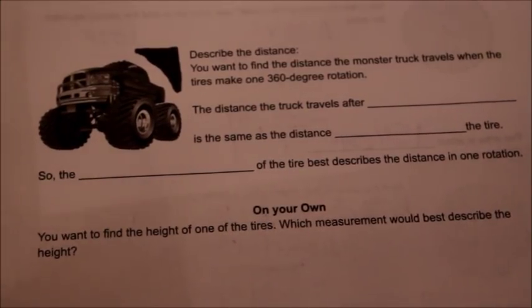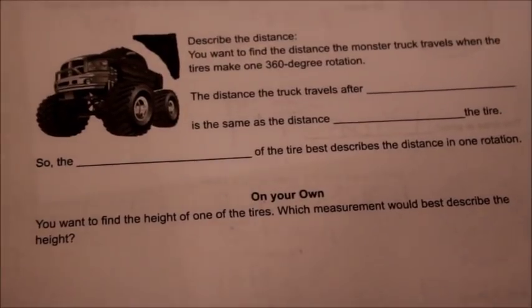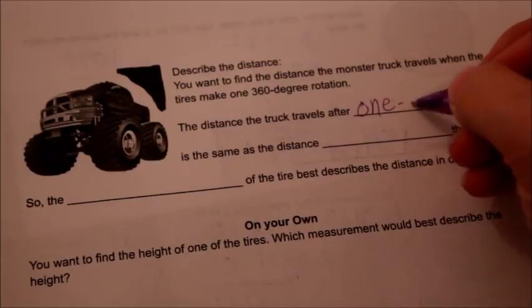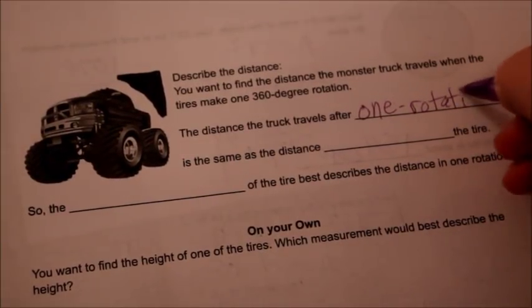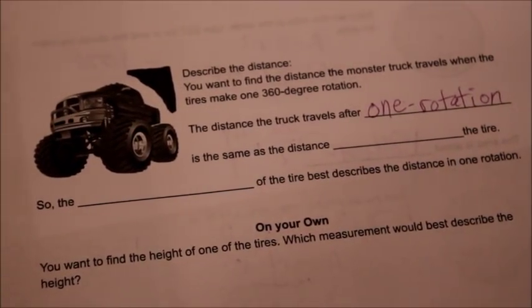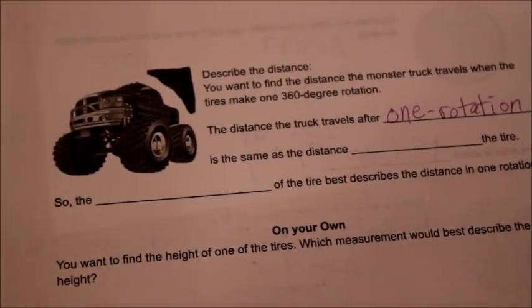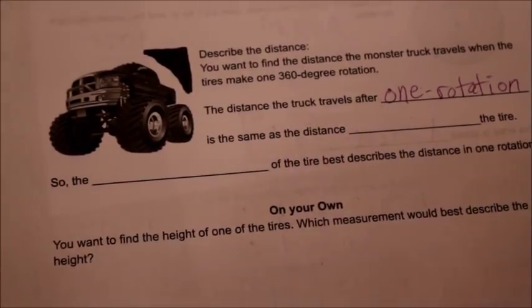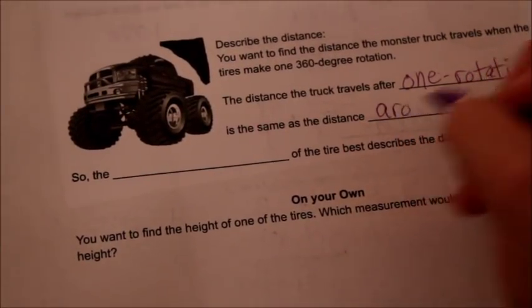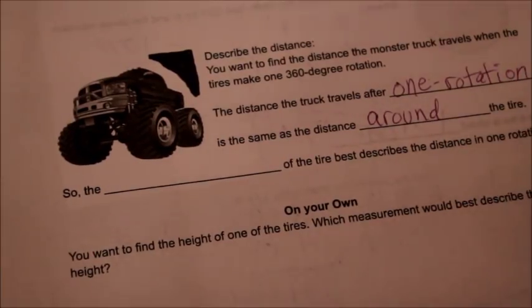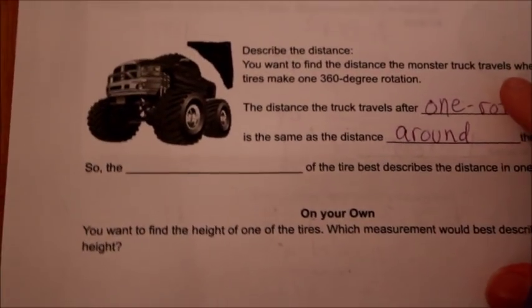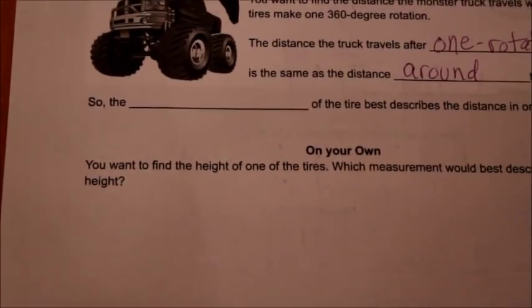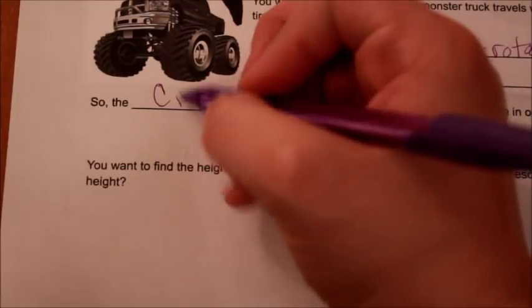So the distance the truck travels after one rotation is the same as the distance around the tire. So the circumference of the tire best describes the distance in one rotation.